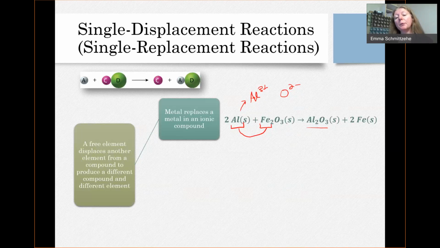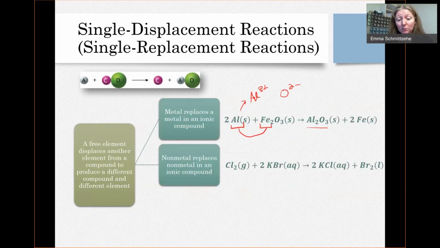You can also have a non-metal replacing the non-metal in an ionic compound. So instead of reacting metal with an ionic compound, we're reacting non-metal with an ionic compound. So in this case, chlorine is a non-metal and bromine is the non-metal in the ionic compound. So those things are going to switch. Okay. And so what we get is then potassium bonded to chlorine instead of bromine, and then bromine coming off by itself.